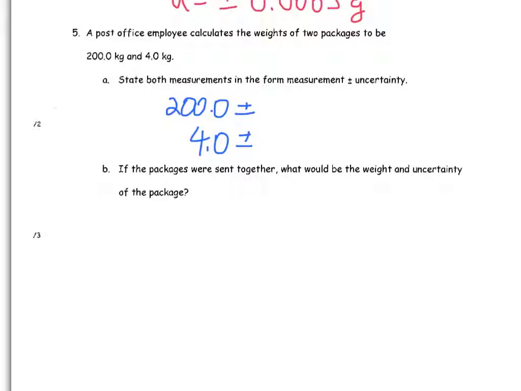Well, what's that something? Well, look at this. Each of these numbers is precise to 0.1 kilograms. So the uncertainty is the plus minus that's half of that, which is 0.05 kilograms.